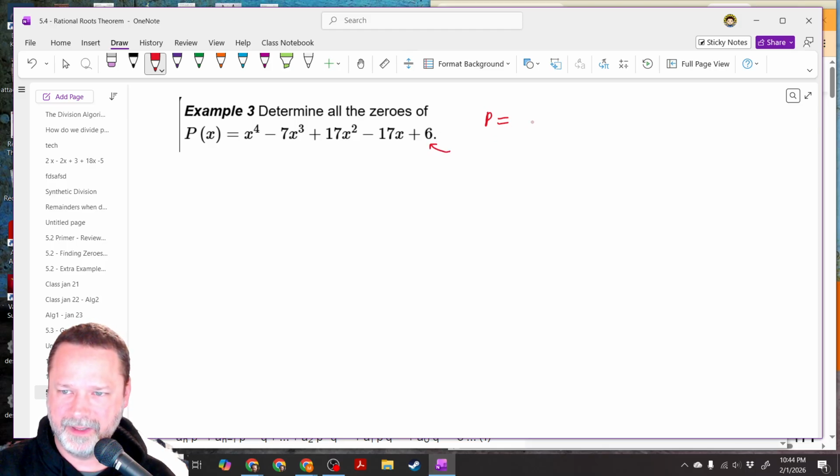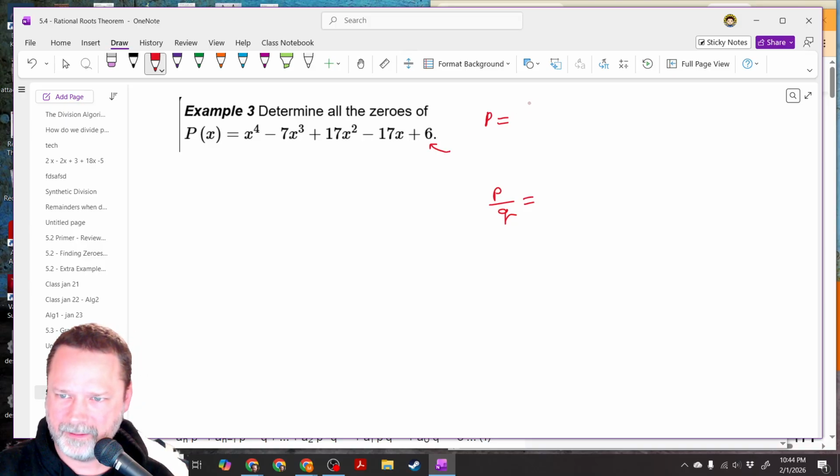Because remember, we want to find all our p over q's, all our possible rational roots, and those are going to be determined by p and q. Well, p divides our constant.